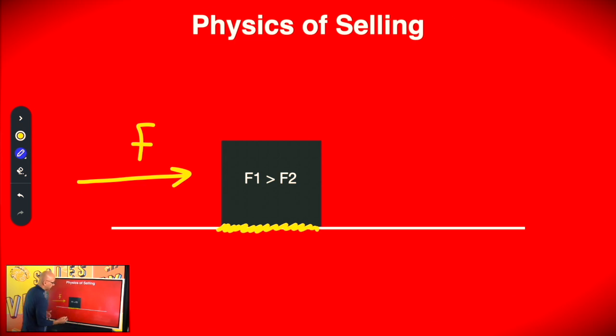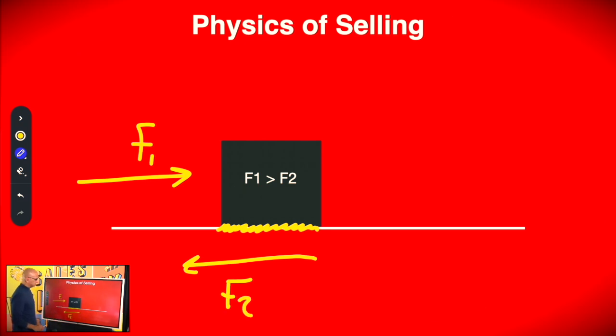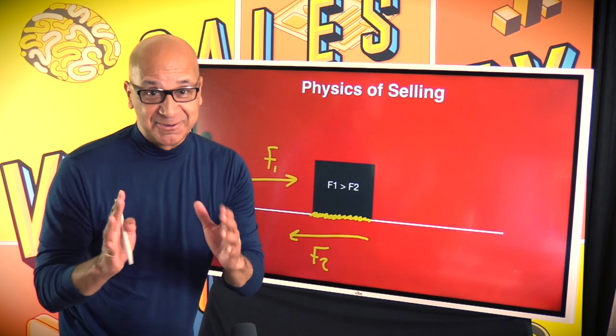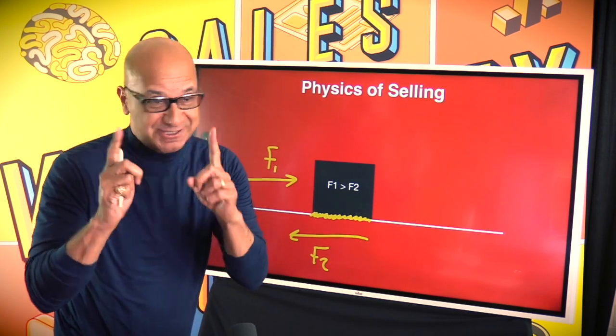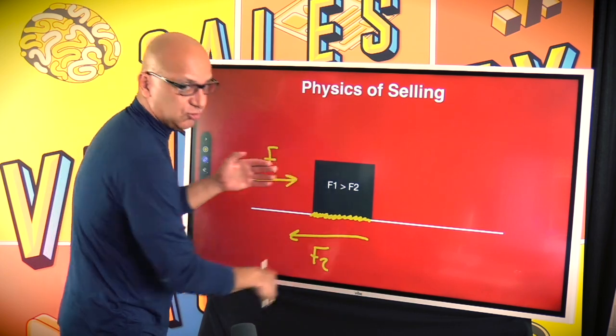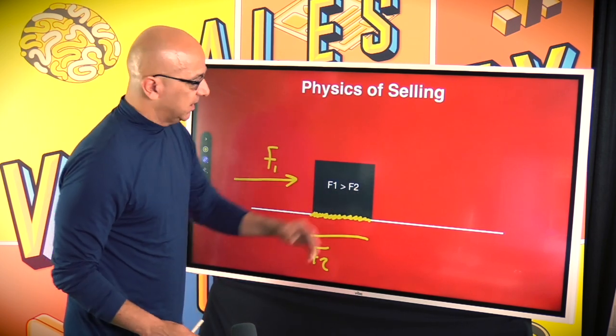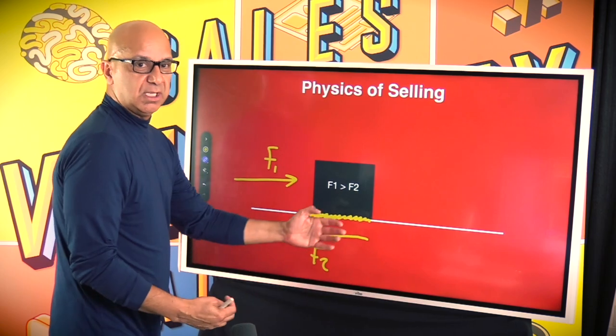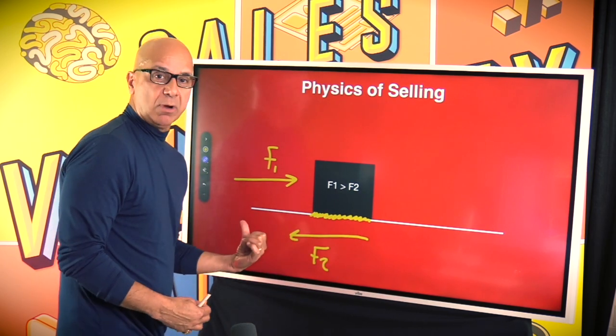There's a frictional force that moves in the opposite direction. Let's call that F2, this being F1. Hang in there with me, I'm going somewhere with this. This will all make sense in just a bit. If F1 is greater than F2, the block will move. But if F2 is strong, in other words pulling that way, it won't move.